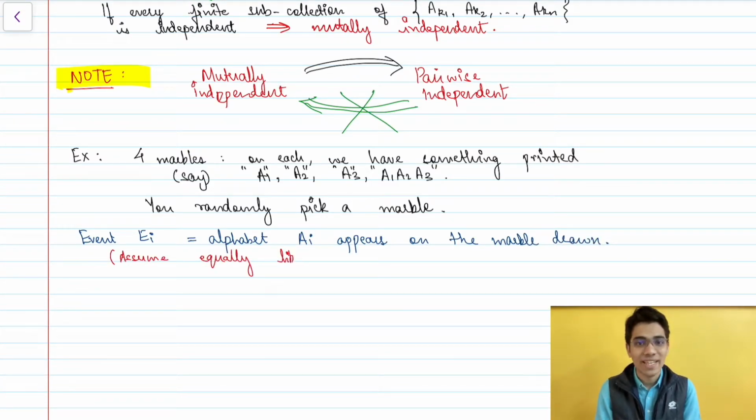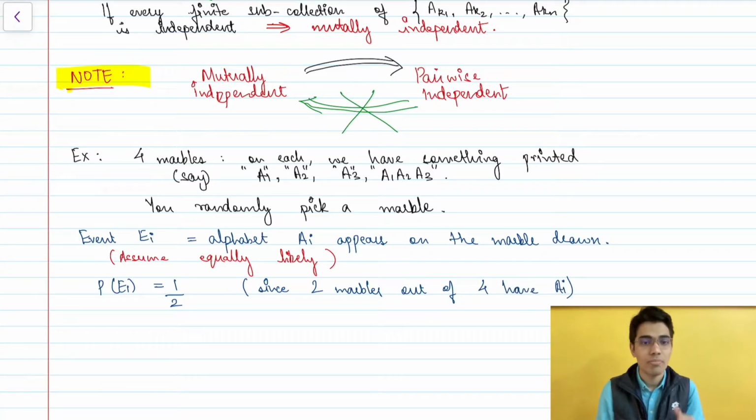Assuming they are equally likely, like we used to do in school, we have that P of E1 is equal to half, because the event means that the alphabet A1 would occur on the marble, and that is possible on marble 1 and marble 4. So out of the 4 marbles, we have 2 such cases, and thus P of E1 is 1 by 2. Similarly, P of E2 and P of E3 are half.